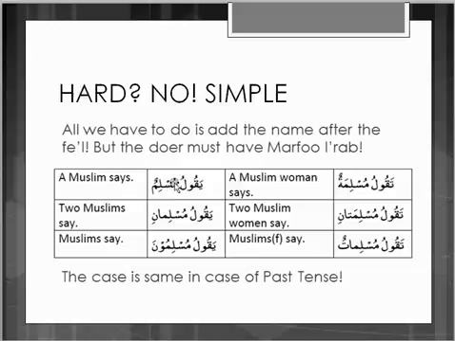That means you have to put the ism after the Fe'l in Rafa form, so that you can say a Muslim says. Remember, the meaning of Yaqulu was he said. But if you add an outside doer, then the inside doer dies. The inside doer is dead, assassinated on the spot.